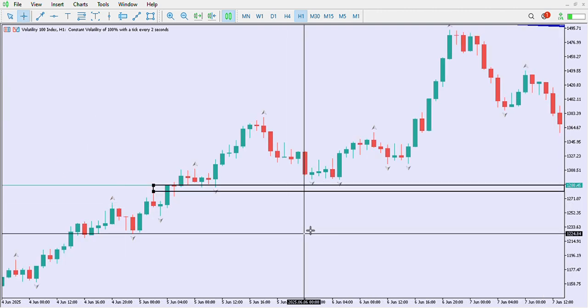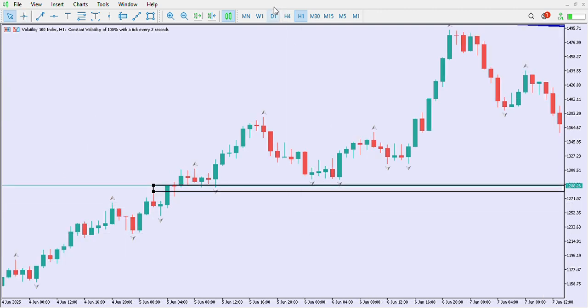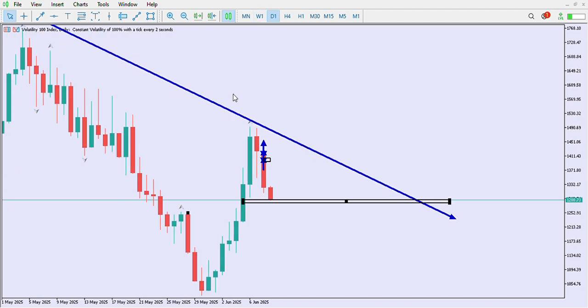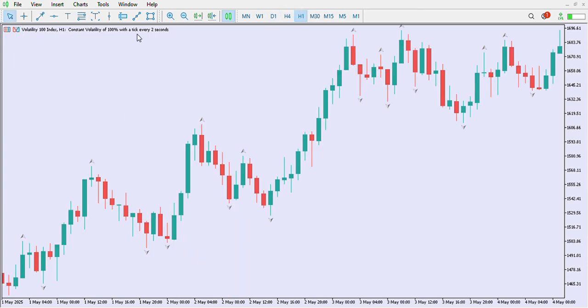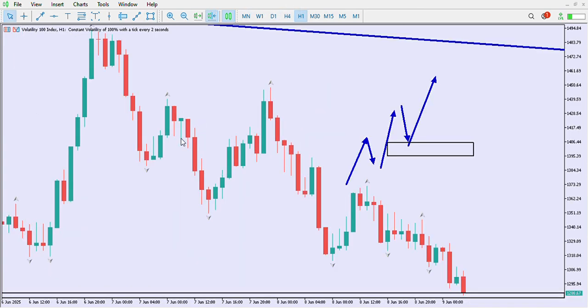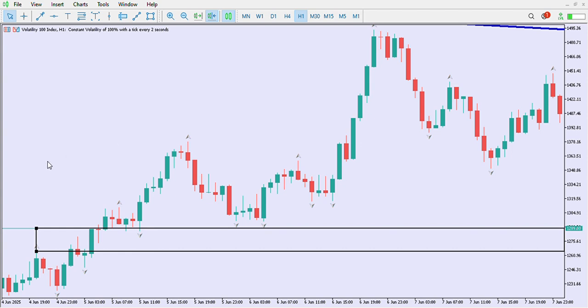This volatility 100 that we're trying to enter right now. Whatever you want to do, you want to come to, let me say H1 and look for an order block around. I'm just seeing a fair value gap at that point.